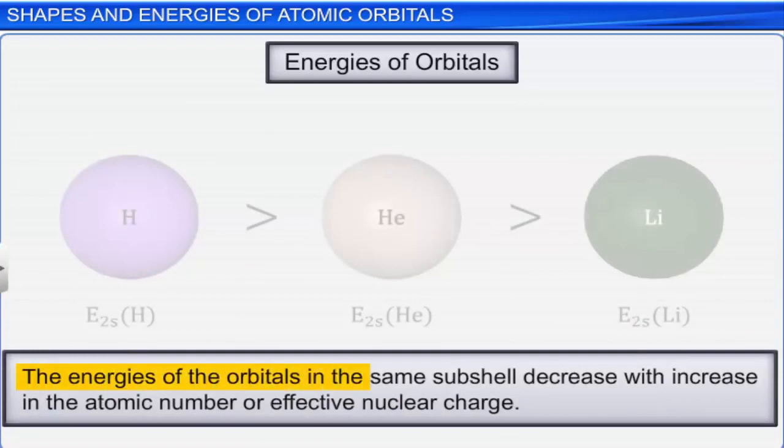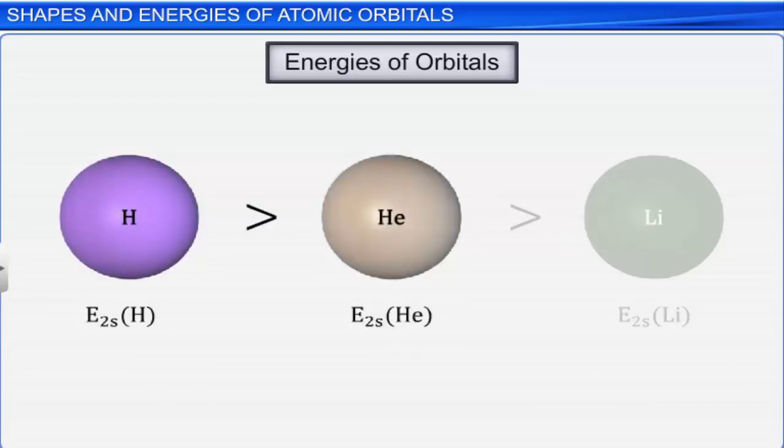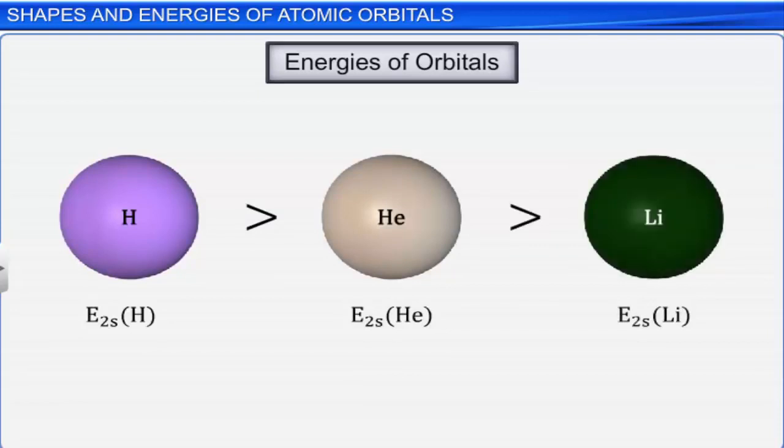For example, energy of 2s orbital of hydrogen atom is greater than that of 2s orbital of helium, and that of helium is greater than that of lithium, and so on. That is, E2s(H) greater than E2s(He) greater than E2s(Li).